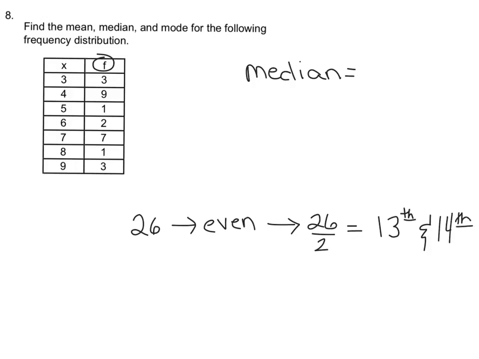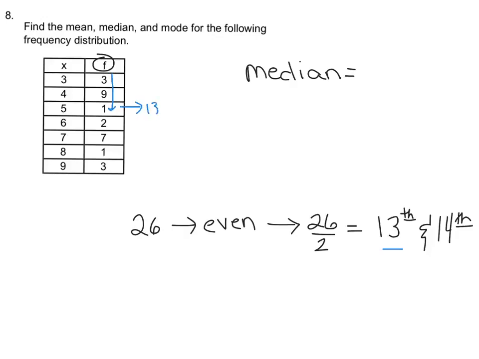Now I need to identify the values in the 13th and the 14th position. So we'll go to the frequency column and we'll just start adding the frequencies together until we get to the 13th position. So 3 plus 9 is 12 and then plus 1 is 13.